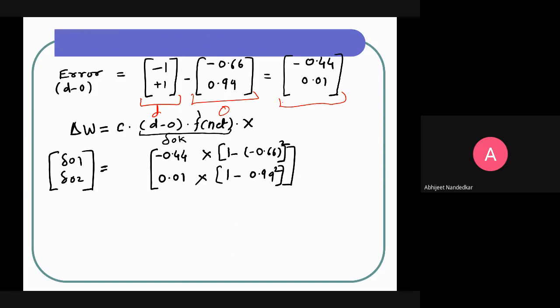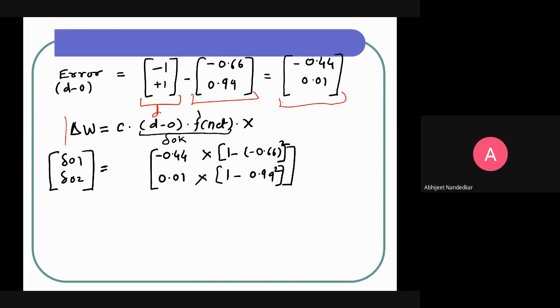Then we will go to hidden layer. So the formula is here. Out of that, multiplication of these two terms is called delta O, as we have seen in last class. So this we will remember for our further calculation. So this is required for updation of hidden layer.